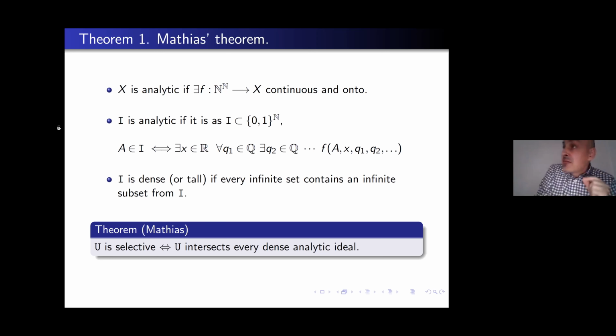And it's dense in the sense I said before: every subsequence has to have a further subsequence in the family. Then if I have this, every selective ultrafilter will contain sequences of this sort.